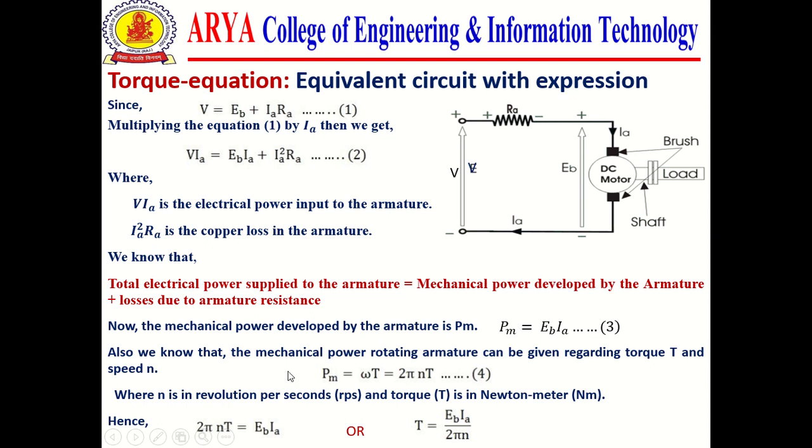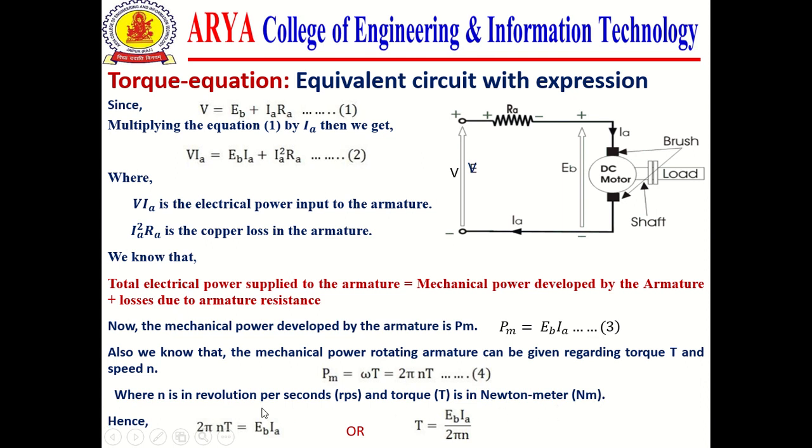Also we know that the mechanical power of the rotating armature can be given in terms of torque T and speed N. Pm equals omega into T, where omega equals 2 pi N, the rated speed of the armature in radians per second, where N is the revolutions per second, RPS, and torque T is in Newton meters.